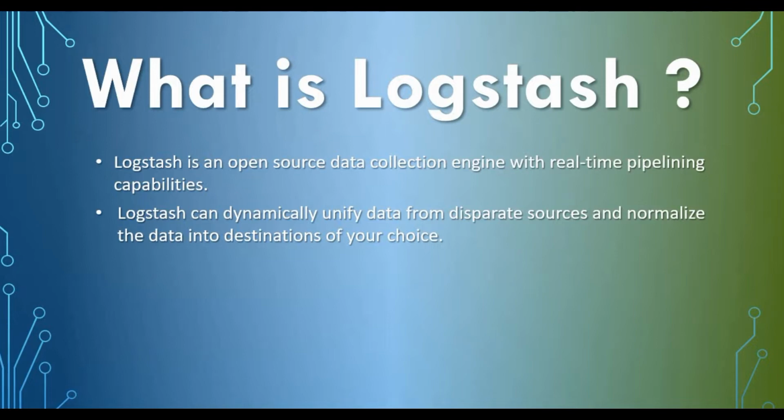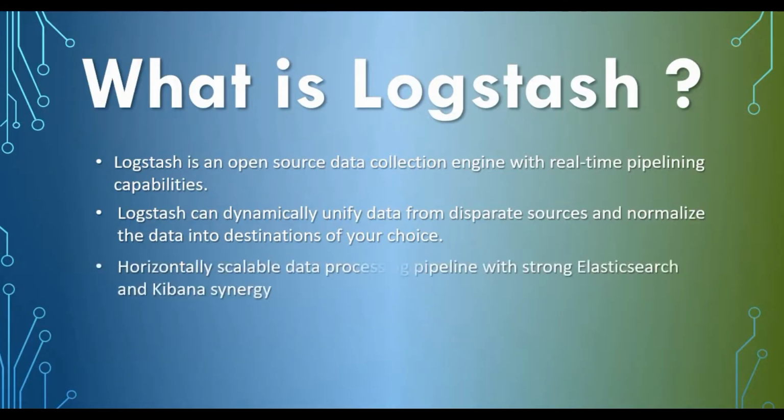That will come in the later part of this tutorial. Logstash can dynamically unify data from disparate sources and normalize the data into a destination of your choice. So it's not like Logstash can collect data from only one kind of data source. It can use multiple data sources, and you can normalize that data into the output or destination where we want to send it. And with Logstash, we can use a horizontally scalable data processing pipeline, and it works very well with Elasticsearch and Kibana.